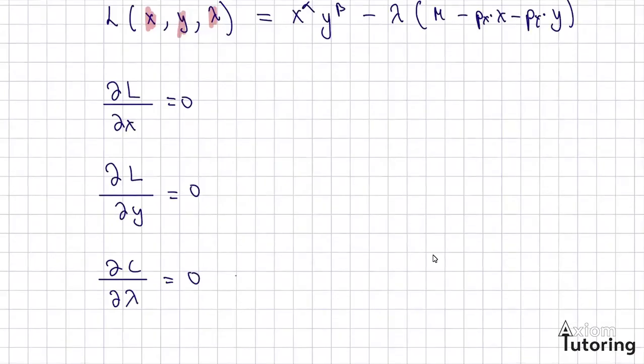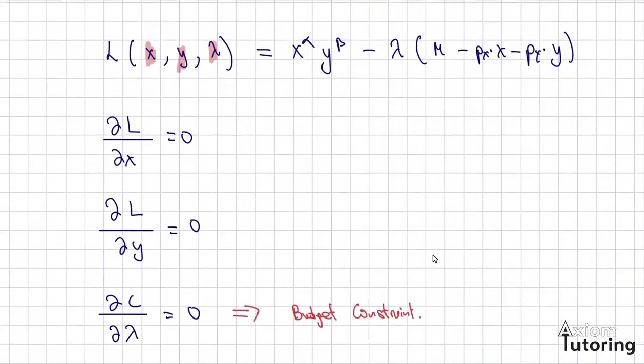Now, this final one will always just give you the budget constraint. So the third equation is telling you that you must be on the budget constraint. Due to non-satiation, we're going to be on the budget constraint.